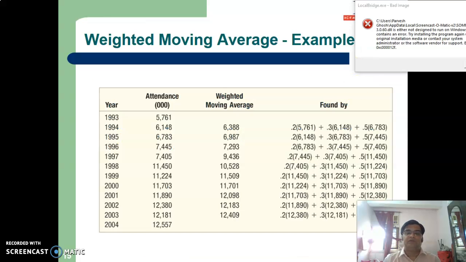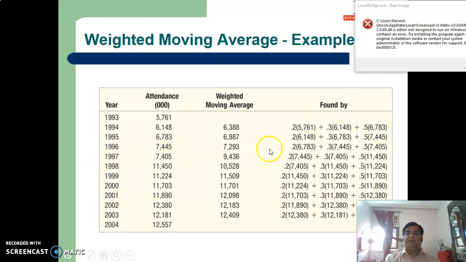So these are the weighted moving averages. If you just go through, this is my data. These are the years, and these are the attendance data. So I am calculating the weighted moving average. How am I calculating? I am multiplying the most remote year, that is 93, with the weight of 0.2, plus we have multiplied 0.3 with the next year, plus we have added 0.5 with the year 95.